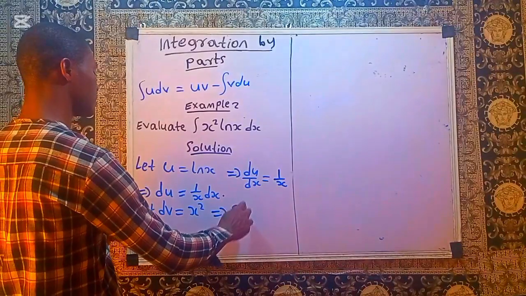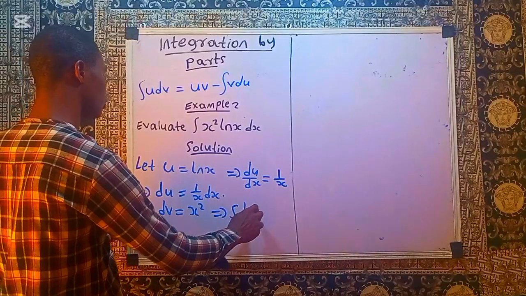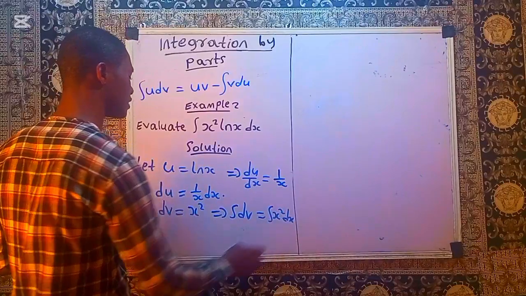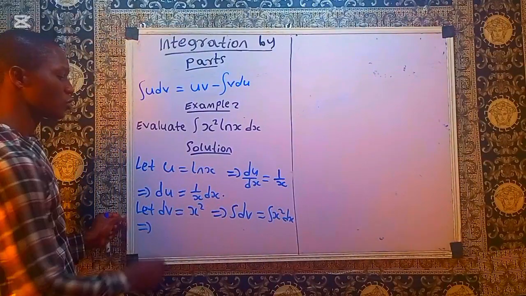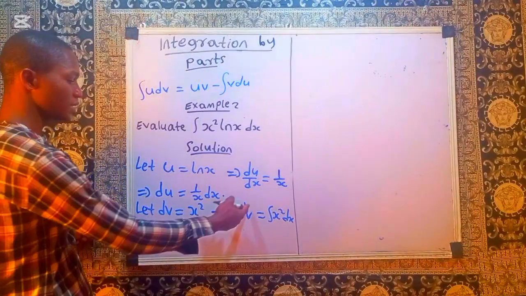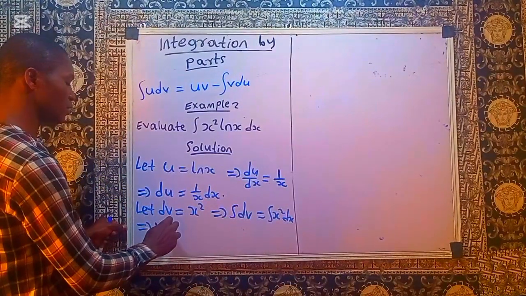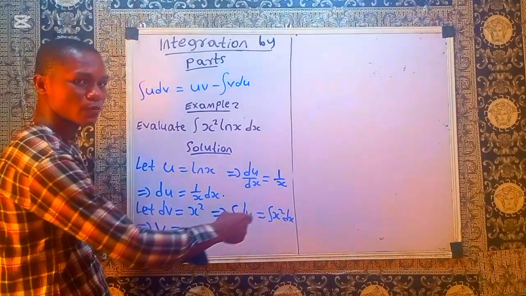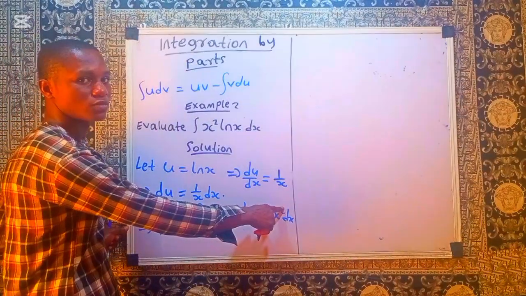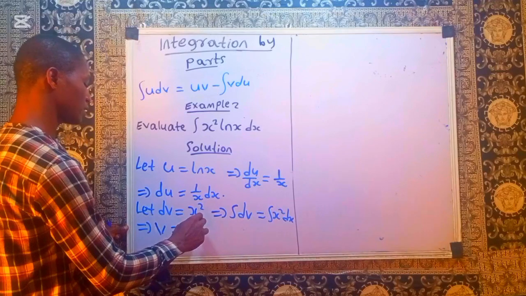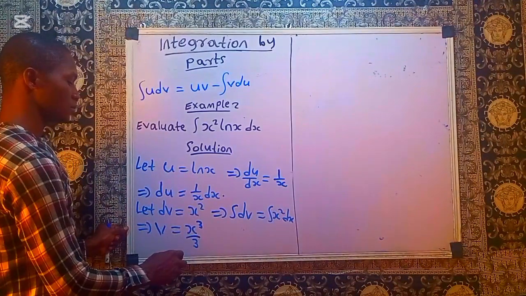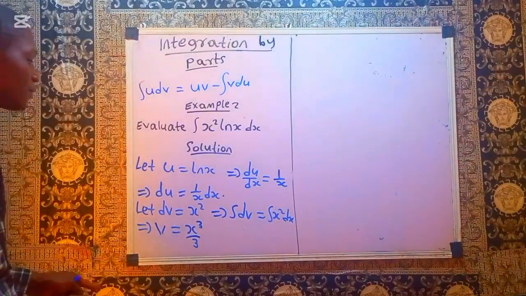So if you integrate both sides, integral of dv, the integral will cancel what? The derivative sign, remaining v. Then integrating x squared, how do you integrate x squared? You add 1 to the power. If you add 1 to 2, you get 3. Use that result to divide. Right? That's the result we'll get.